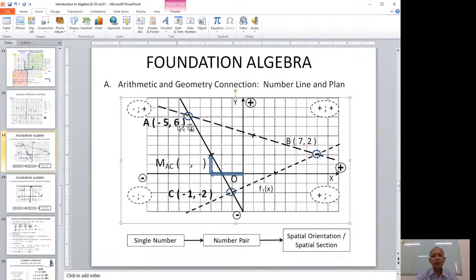So y here is positive and x is negative, like point A. You count like that.